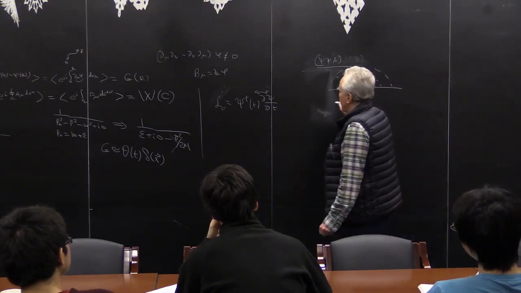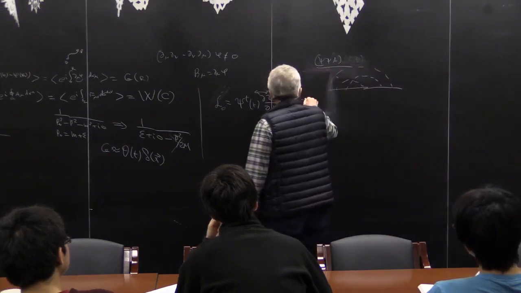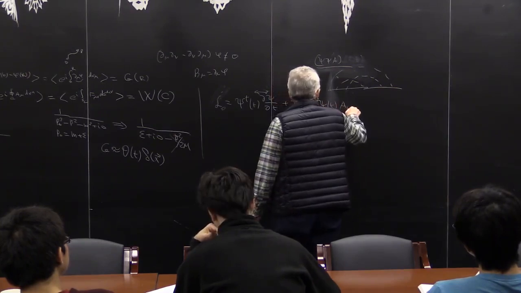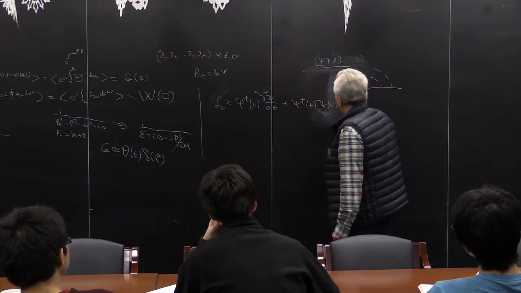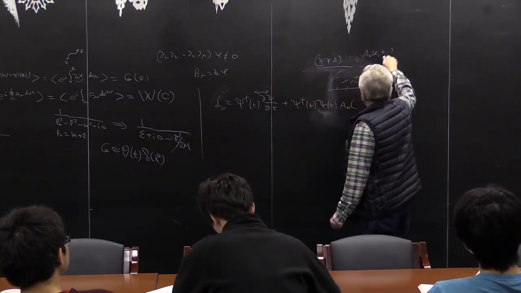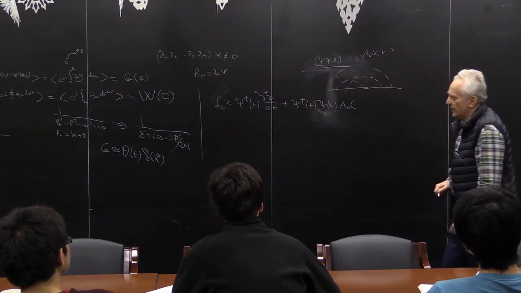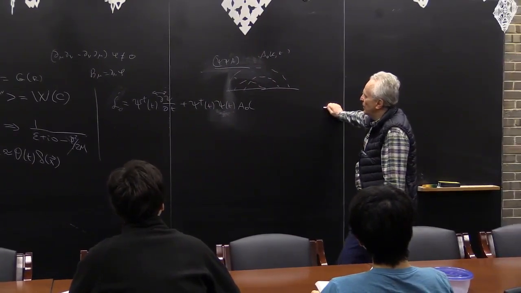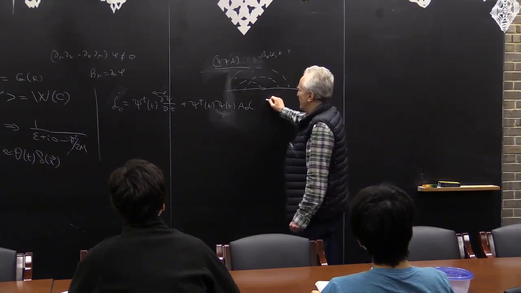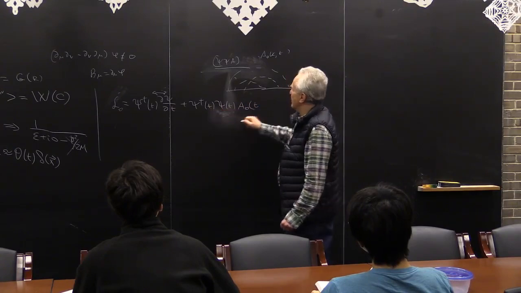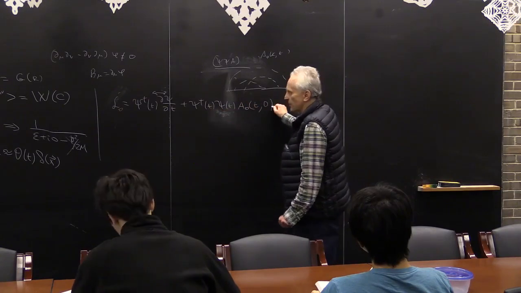Psi dagger E0 psi. And A0 depends on x and t. So which argument should I put here? What is the argument of? Should we start x equals 0? Yeah, since it describes x equals 0, it will be at t and 0.